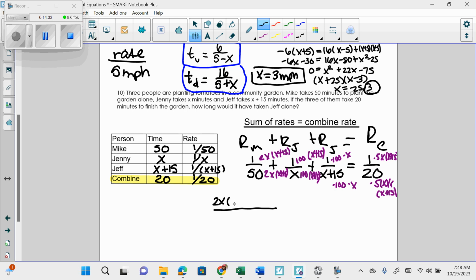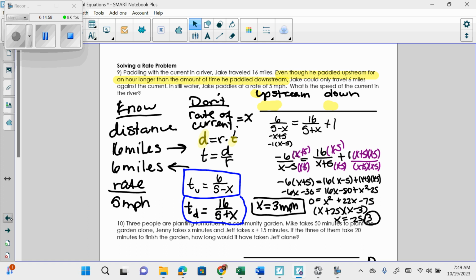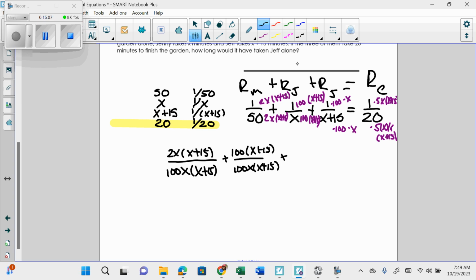So this is 2x times x plus 15 over 100x times x plus 15, plus 100 times x plus 15 over 100x times x plus 15, plus 100x over 100x times x plus 15 equals 5x times x plus 15 over again 100x times x plus 15.